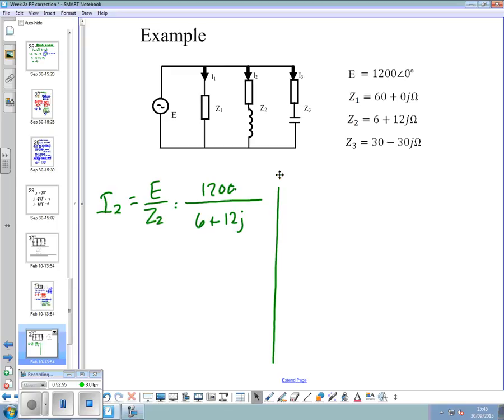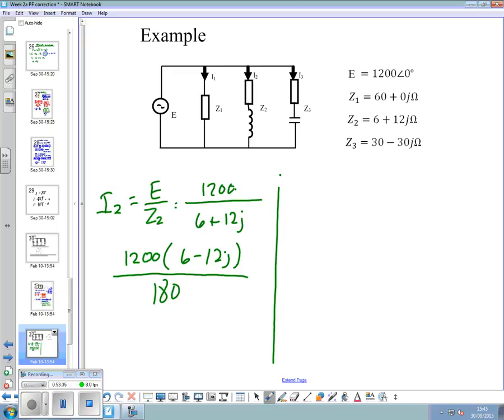So we've got to go down this route of doing complex arithmetic. That's going to be 1200 times 6 minus 12J on the top line, because we've got to multiply by the complex conjugate. What did we say happens in the denominator? These two numbers squared and added together: 36 and 144. I made that 180. Was I right?